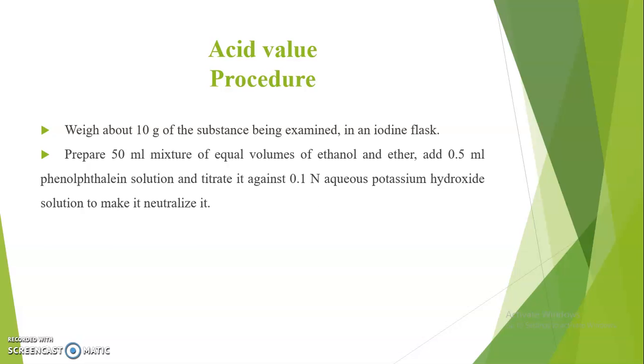Prepare a 50 ml mixture of equal volumes of ethanol and ether, add 0.5 ml of phenolphthalein solution and titrate it against 0.1 normal aqueous potassium hydroxide solution to neutralize it. Means first we have to take the oil sample, then add ethanol and ether, and after addition of phenolphthalein we have to carry out the neutralization by using aqueous potassium hydroxide solution.